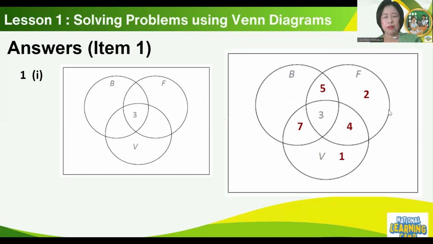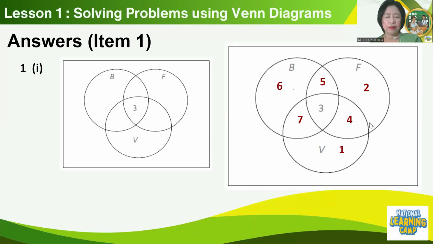For the students playing basketball only, we have 6. And the other one, 2 students say that they play none of the sports. So we'll put 2 outside of the 3 circles.